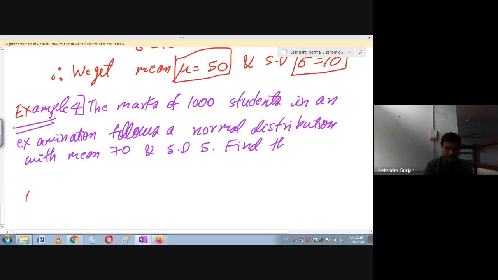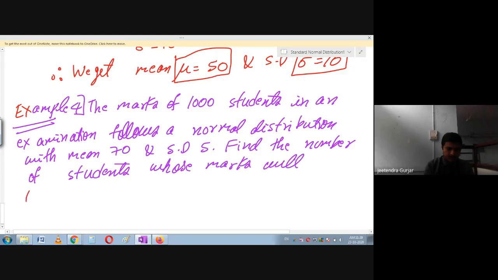Find the number of students whose marks will be, first they have given, less than 65.